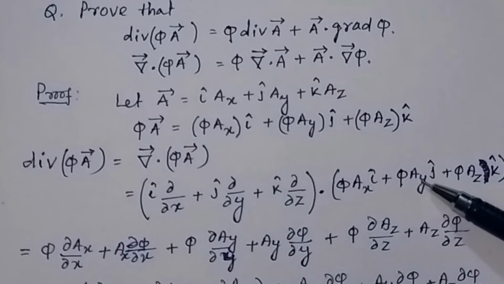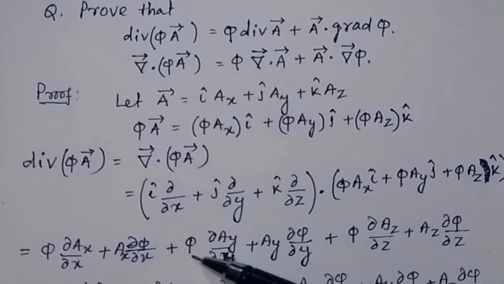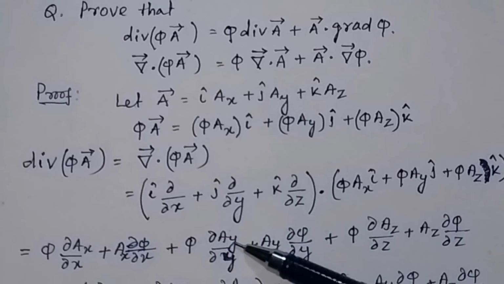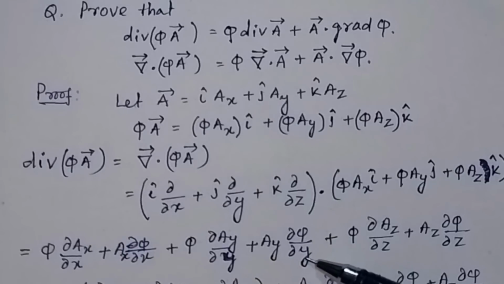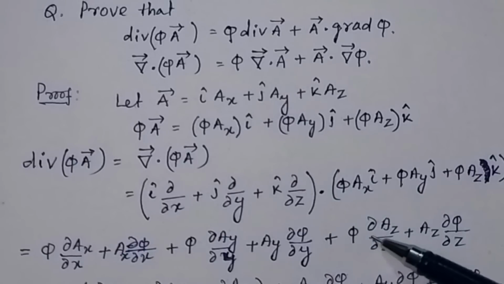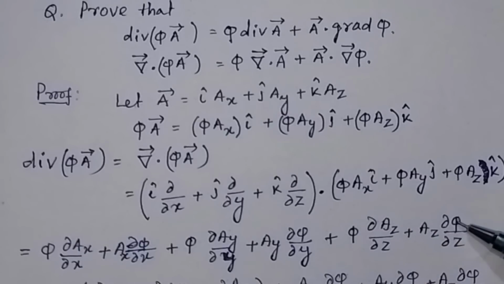Similarly, the partial derivative of phi Ay with respect to y will be phi partial derivative of Ay with respect to y plus Ay partial derivative of phi with respect to y. Similarly, the partial derivative of phi Az with respect to z will be phi partial derivative of Az with respect to z plus Az partial derivative of phi with respect to z.